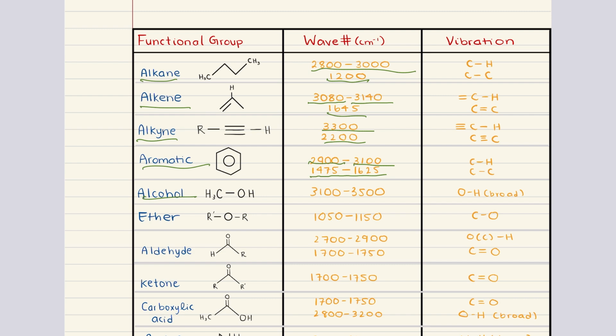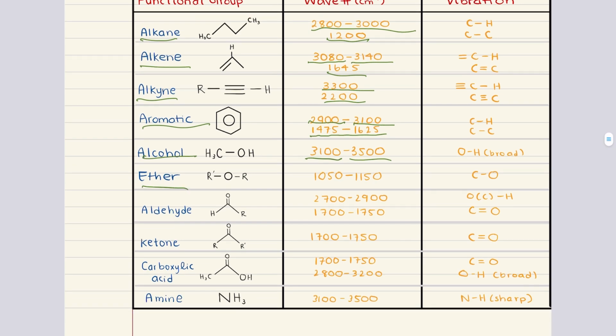Alcohols have a very broad oxygen-hydrogen stretch that's caused by hydrogen bonding, and it's typically observed between 3,100 to 3,500 wave numbers. Ethers show a carbon-oxygen single bond stretch that falls between 1,050 and 1,150 wave numbers.